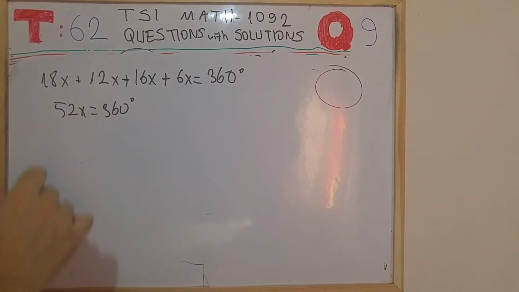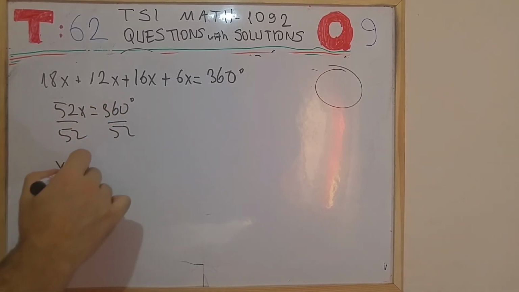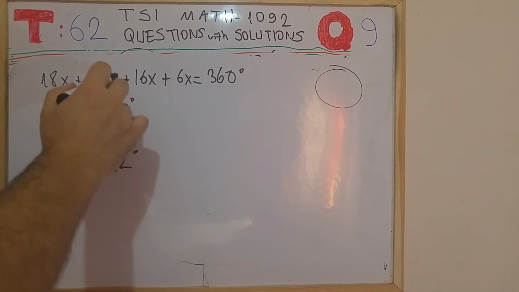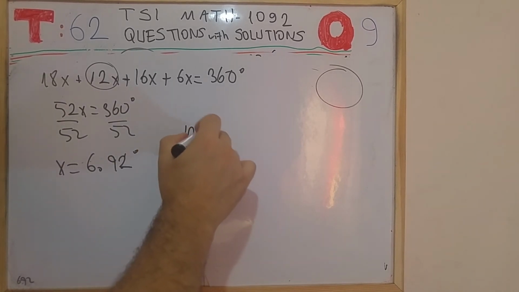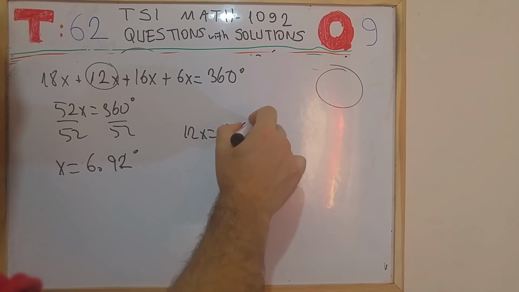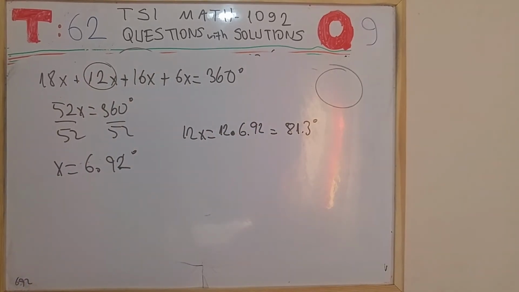So when I divide each side by 52, x would be something like 6.92 degrees. And for engineers, I need to find out 12x. So 12x must be equal to 12 times 6.92, which is equal to 81.3 degrees.